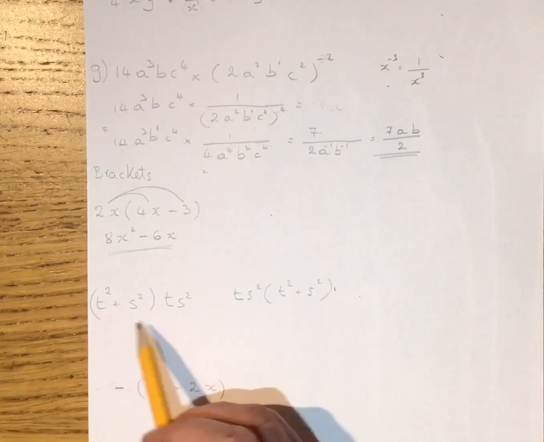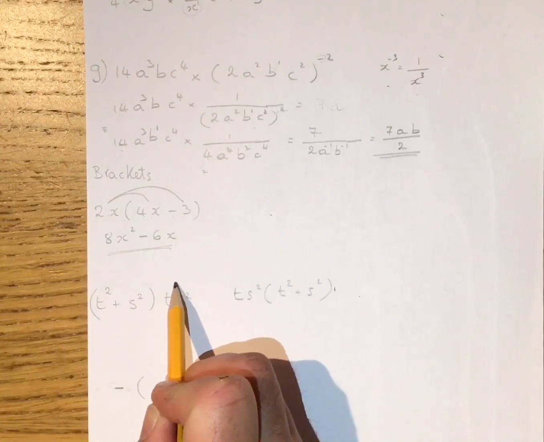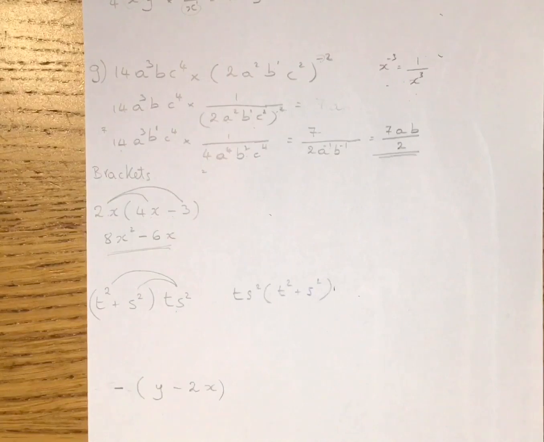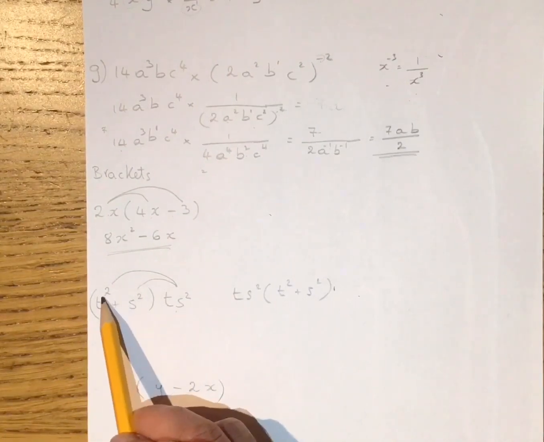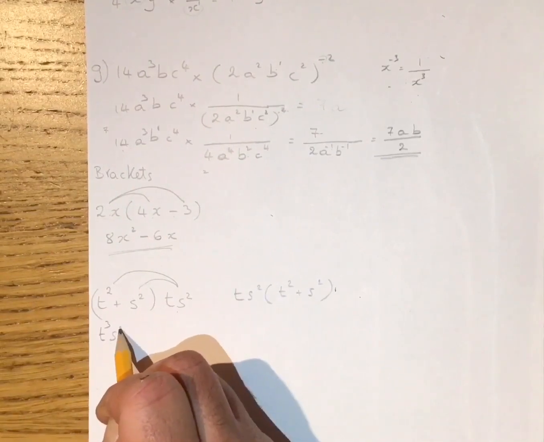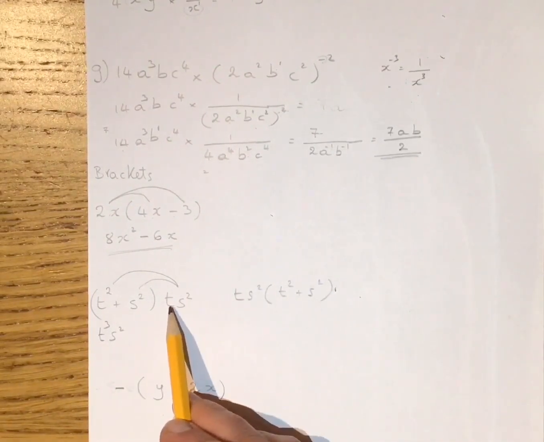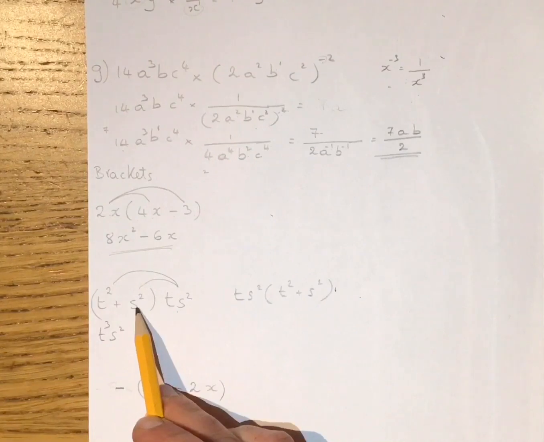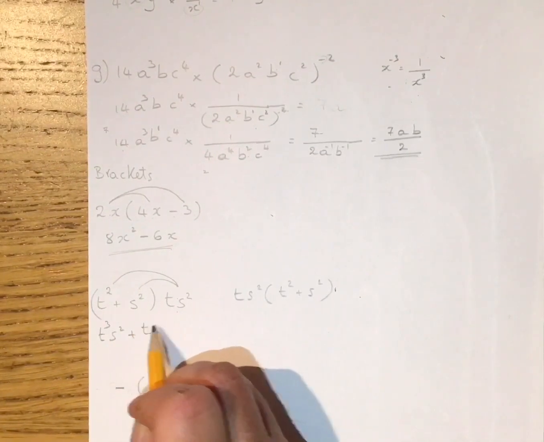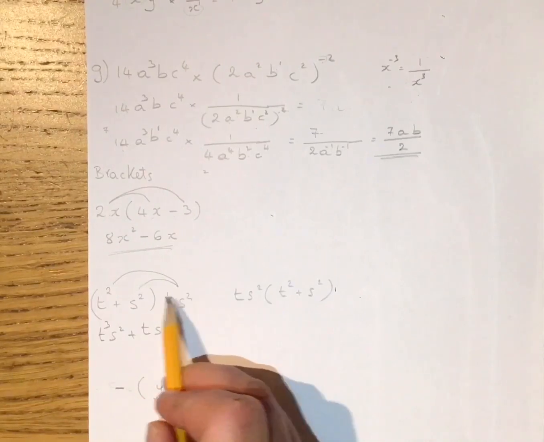But if we want to stick to this, we have ts squared times t squared and ts squared times s squared. So t times t squared is t to the power 3, and then we have s squared, and then ts squared times s squared, positive times positive is positive, ts to the power 4, 2 plus 2, 4.